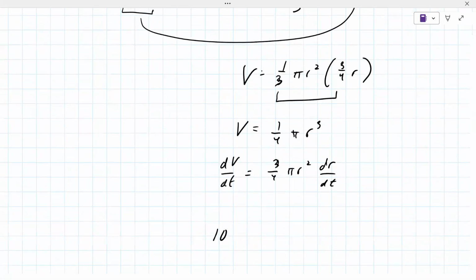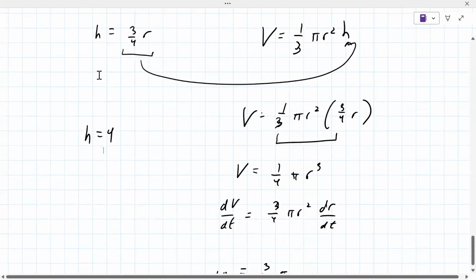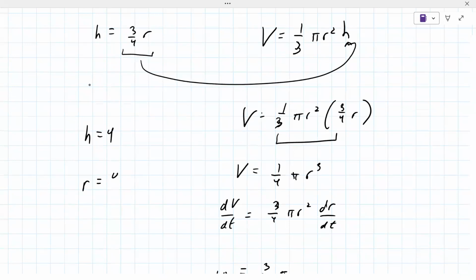dV/dt is 10, 3/4 pi. The radius is not given. It just says that the height is 4. So we have to go back to this formula here. The radius is 4/3 times the height. That's from this equation. So the radius is 4/3 times 4, or 16/3.